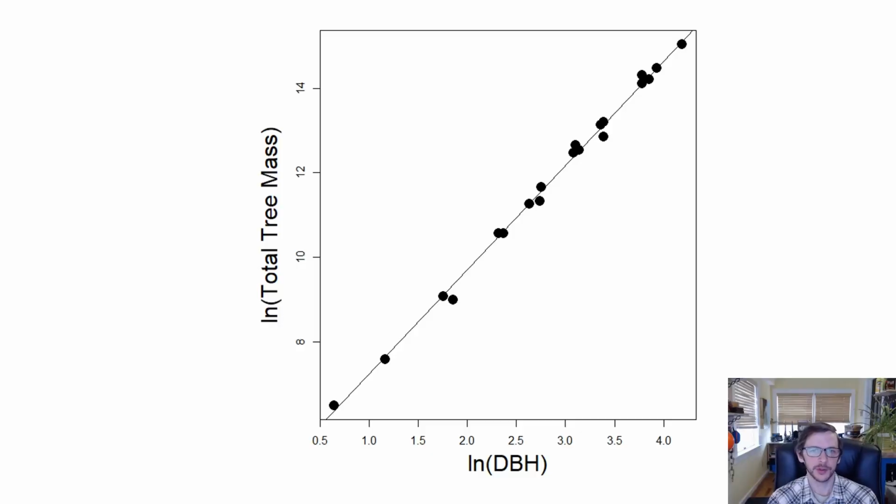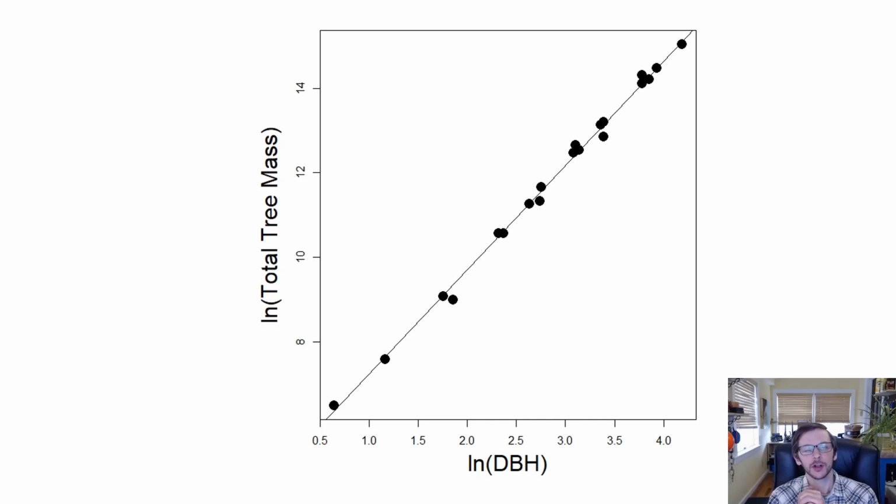So here's a graph showing an empirical relationship between the tree's measured diameter at breast height, here on the x-axis, versus direct measurements of the total mass of those individual trees here on the y-axis. You notice that both of those measurements have been transformed to be on a logarithmic axis, so we've just taken the natural log of both of those.